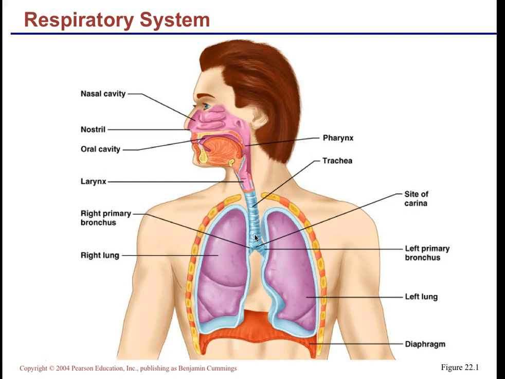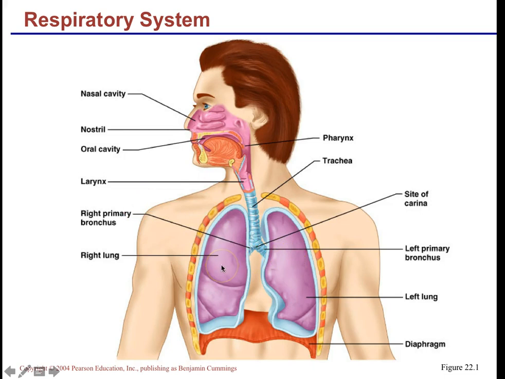So God forbid if somebody karate chopped you in the neck, your air passages would not collapse. Good thing. Then you get down to the chest cavity, which is protected by the ribs and the sternum. And then you've got your major bronchi dividing into the right and left lung.